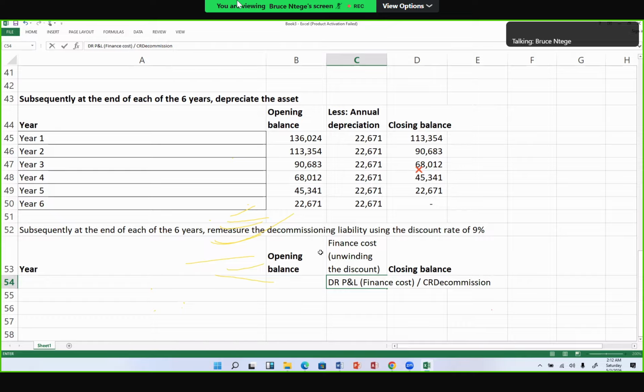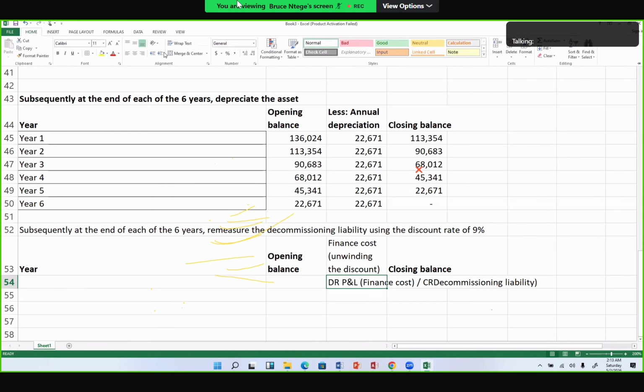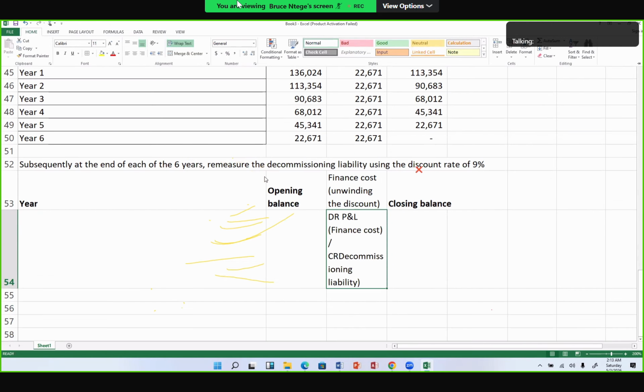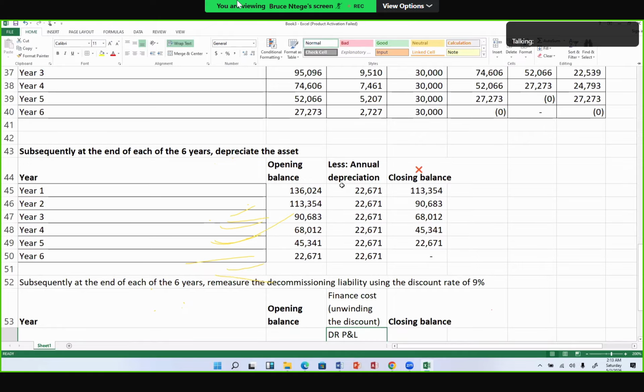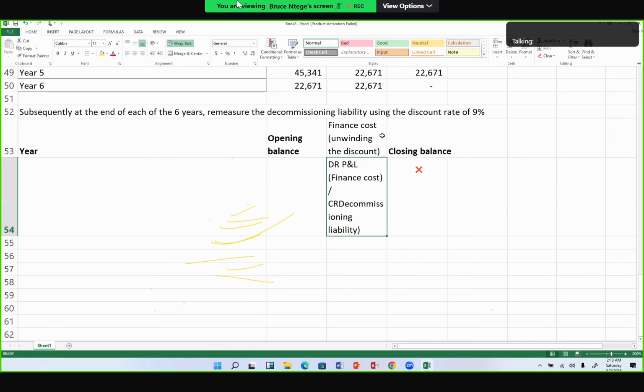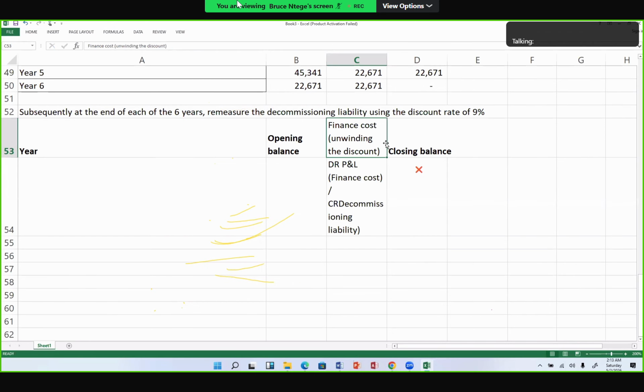So that's the double entry I'll keep doing for that finance cost. Fine. So then we shall have our closing balance.